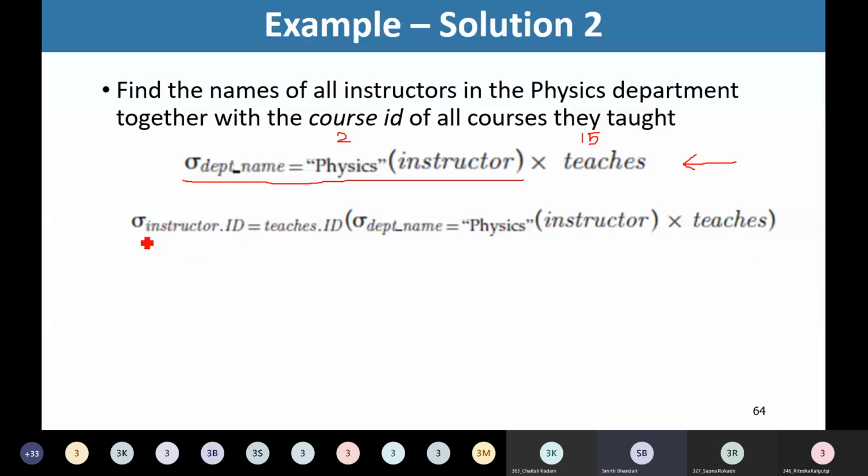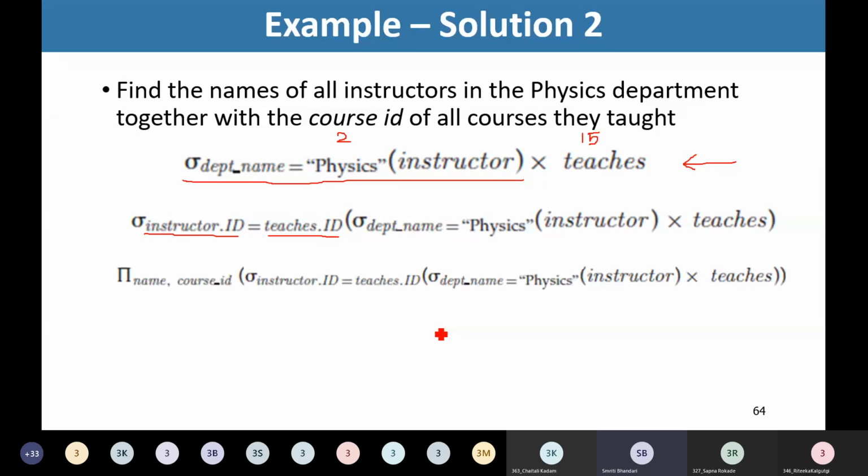And that is why with this cross product, I need to once again match instructor.id equal to teachers.id. So I'll be getting only the relevant data. And what next?